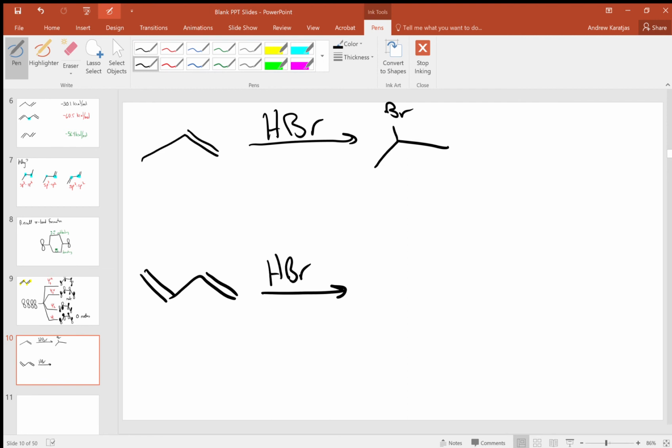Well, here it depends on our reaction conditions, specifically the temperature. If we run this reaction at negative 78 degrees Celsius, we get the product we'd probably expect to get, where the bromine adds to the more substituted carbon and hydrogen adds to the less substituted carbon.